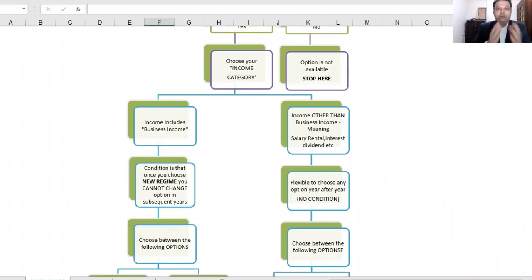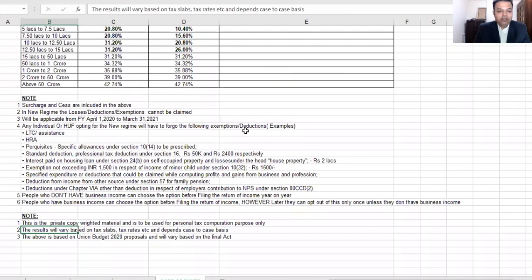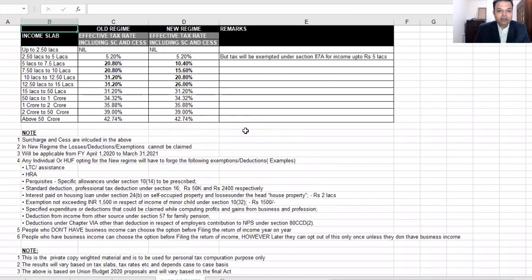Before you go to the table, just understand this concept. What the government is saying is, if you choose the old regime, you will be eligible for certain exemptions, losses, deductions, etc. and then you will pay the normal rate of tax. I have given a template in this. If you see here, there is the normal rate of tax and there is also the new tax regime.